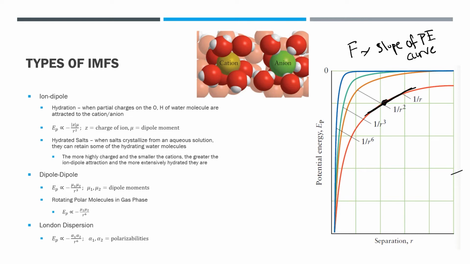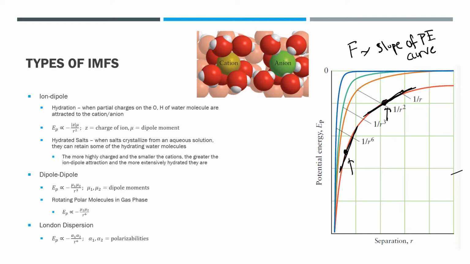We see that this slope is slightly tilted, it's upwards, but it's not super steep, right? So if we look at this point at this distance r and we take the slope, and we look at this point at this distance r and we take the slope, we see that this lower separation has a much higher slope than this higher separation.